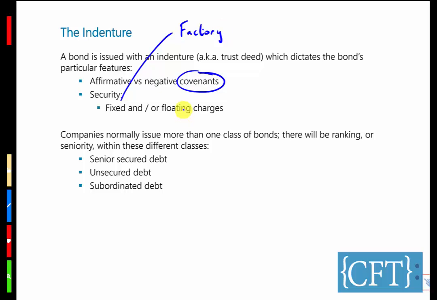A floating charge, on the other hand, is still over assets, but it's over a pool of assets. These are assets which are constantly changing. The best example would be something like the inventory, the finished goods that a company has. Now, a company can't give a fixed charge over its finished goods or it wouldn't be allowed to sell them. A surefire way of ensuring the business doesn't last very long.